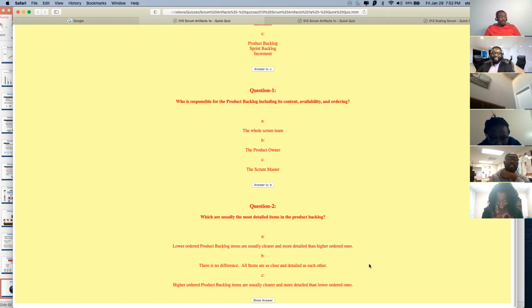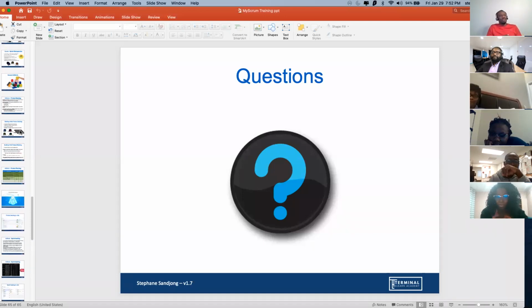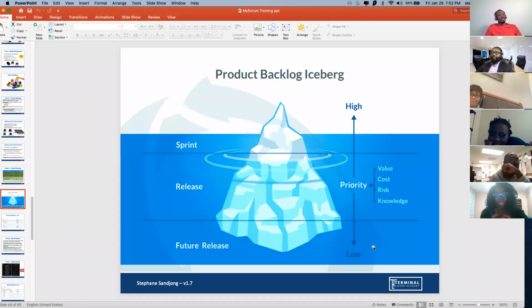I'll go with A. Considering that the higher ordered one is probably, I don't know, maybe look at it as a big block or a task that should be broken down. So I consider the lower ordered one as something that has been simply put, and therefore it's clearer. Maybe looking at the questions is going to help.